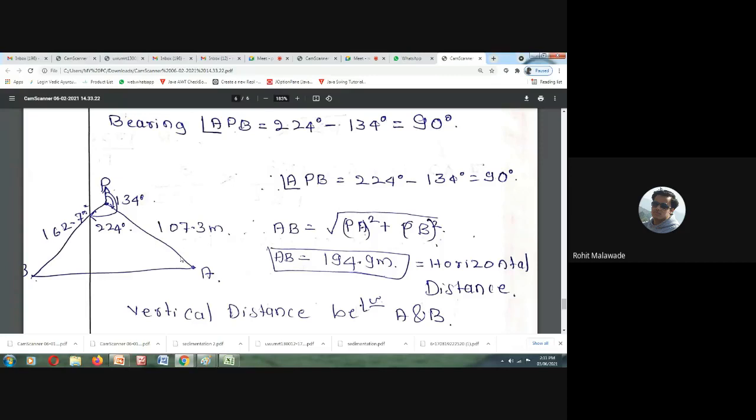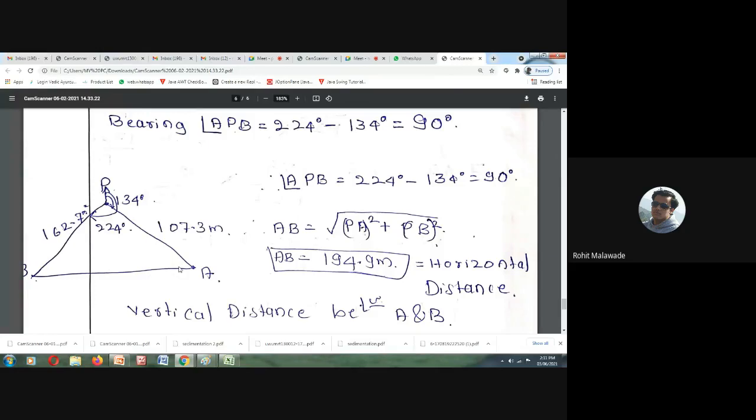Is there any doubt? No, sir. Okay. So I will be joining this line. Now here, as this is present in a different plane, I need to make out the difference between A and B. What is the distance between A and B directly?